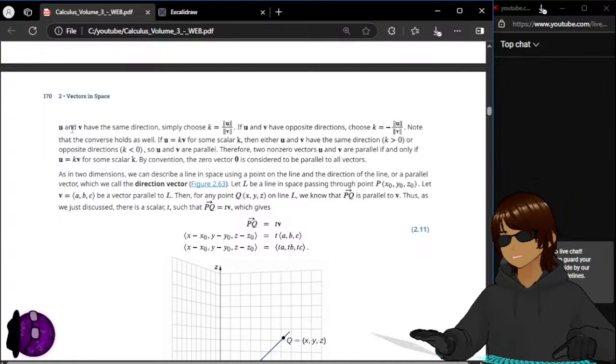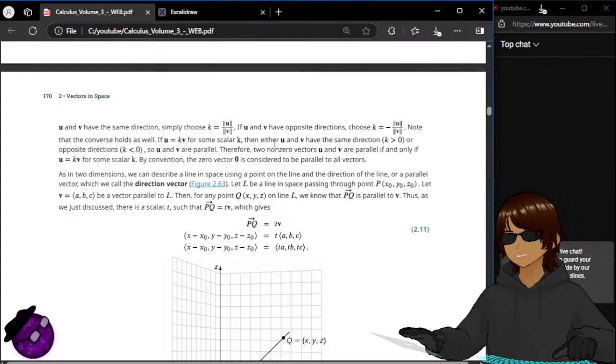Note that the converse holds as well. If u is equal to kv for some scalar k, then either u or v have the same direction or opposite direction. So u and v are parallel. Therefore, two non-zero vectors u and v are parallel if and only if u is equal to kv.